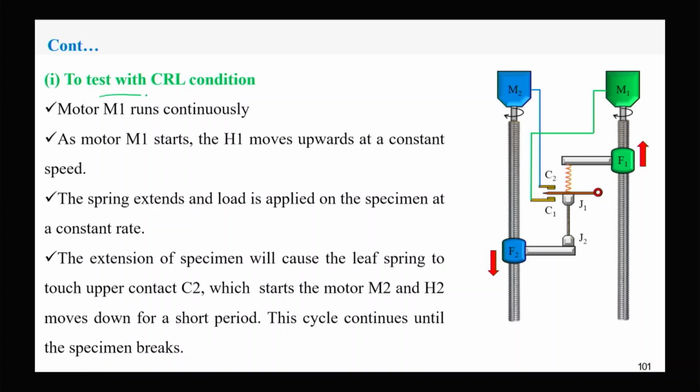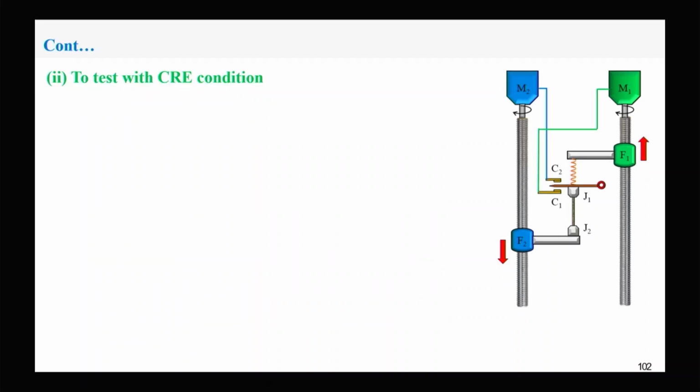So in CRL condition, as has been explained, motor M1 will rotate continuously, and to test in CRE principle, the reverse way, motor M2 will initially be stationary, M1 will be stopped and motor M2 will rotate continuously.